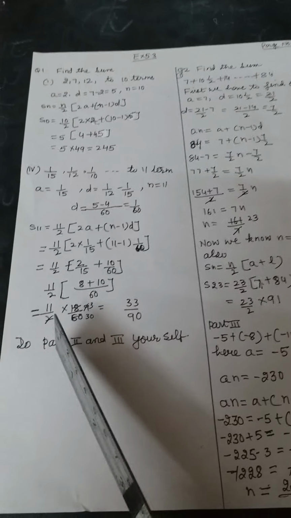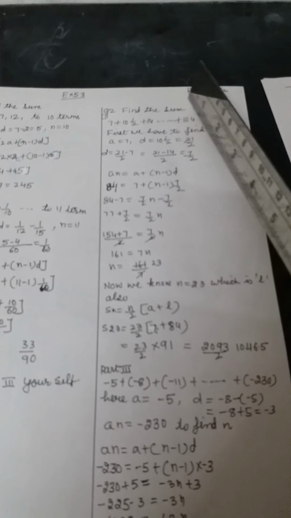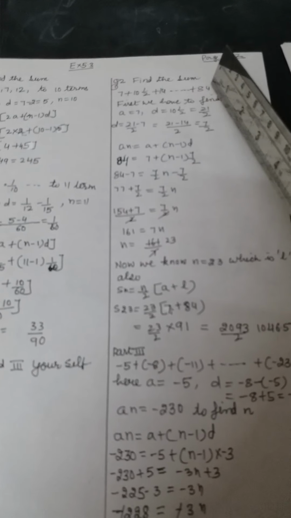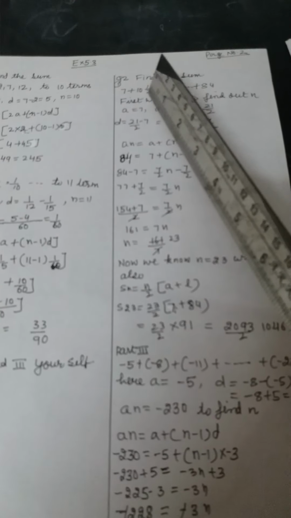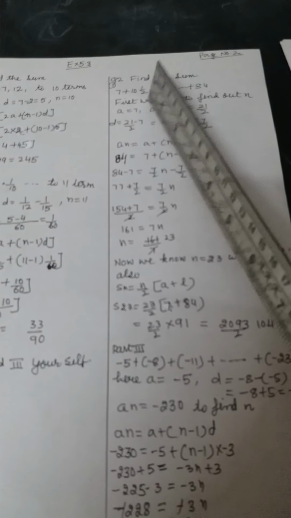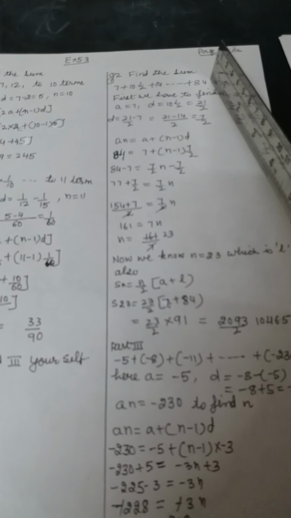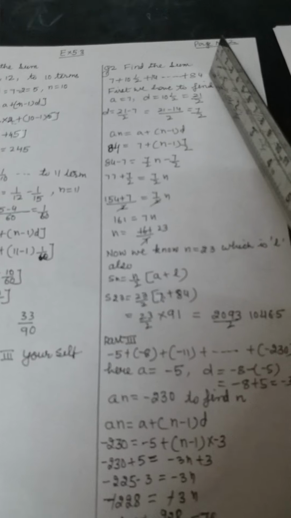Now here, part number second and third I have not done, that you will solve yourself. And in question number 2, here again you have to find out the sum, but the question is given in another way. 7 plus 10 by 2 plus 14 and so on, up to 84, meaning we don't know where 84 lies.